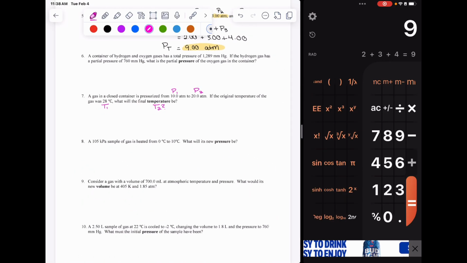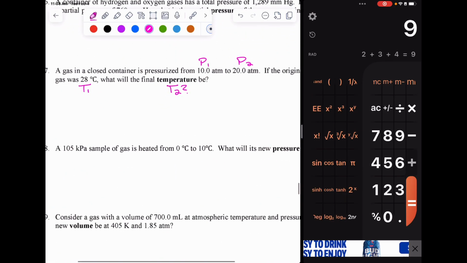So we're looking for T2. Listing out what we have so far, we know P1 is 10, P2 is 20, T1 is 28, and T2 is what we're looking for here.